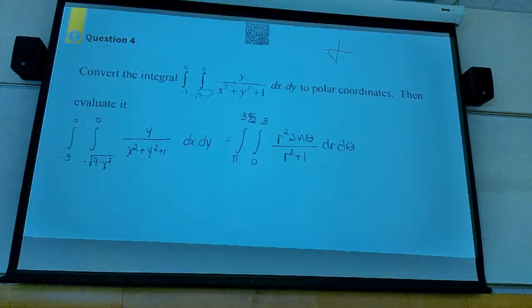But remember, we said the antiderivative of sine was negative cosine. That's what we're left with. How would you evaluate that?